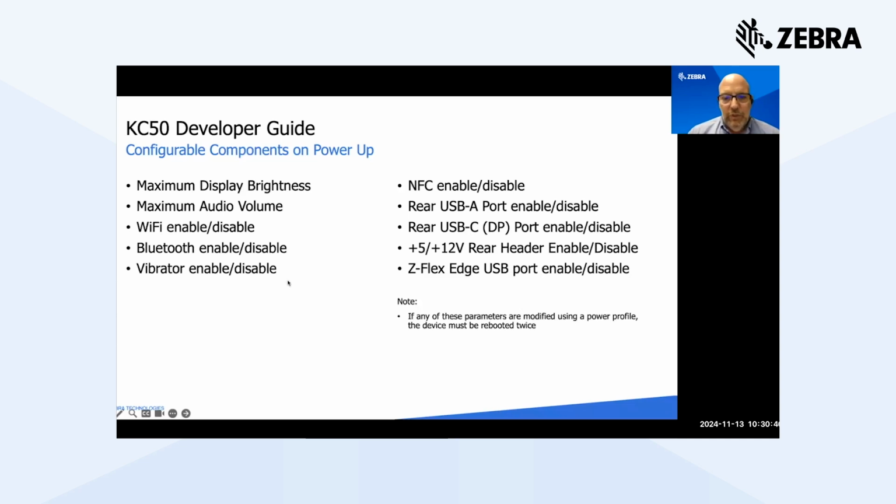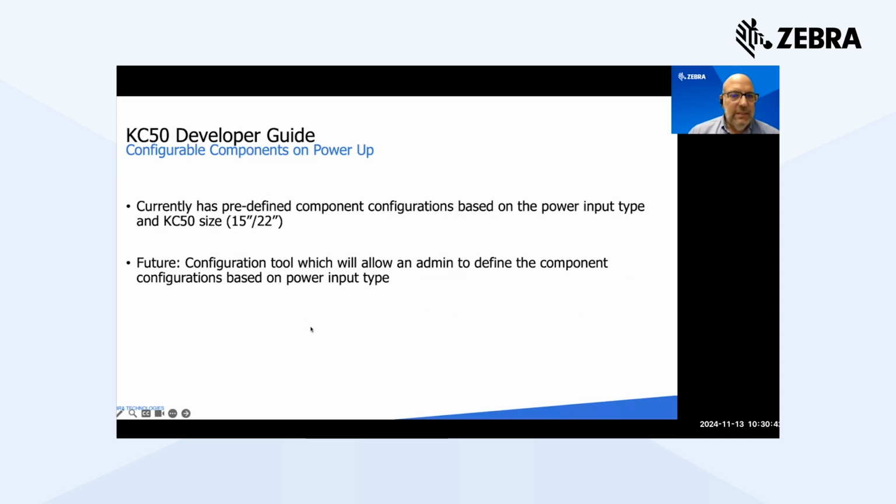Okay, go to the next slide. Now, currently, the current software has predefined component configurations based on the power input type and the size of the KC50. So if you have a KC50 15-inch and a specific power input, it's going to have predefined configurations for the different components from the previous slides.